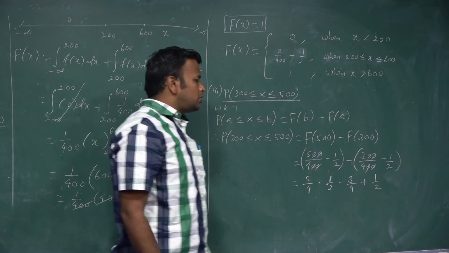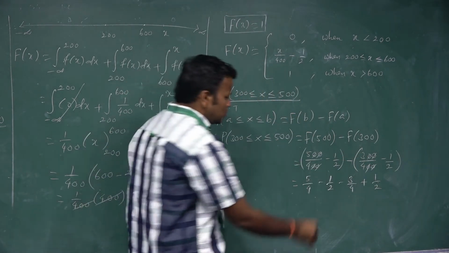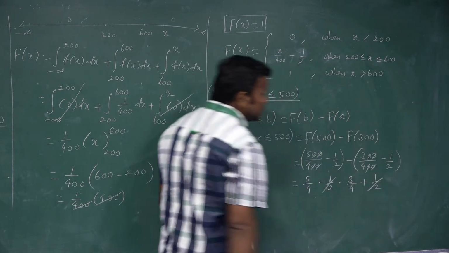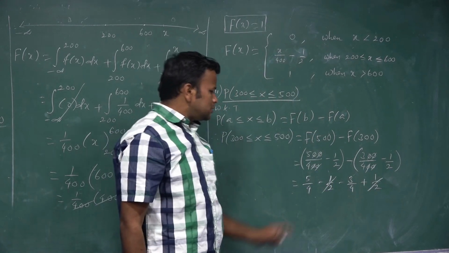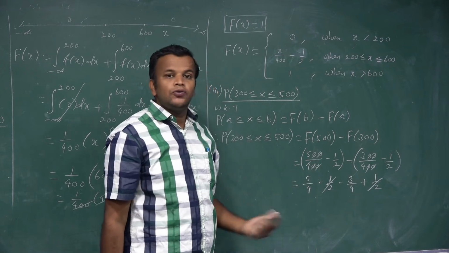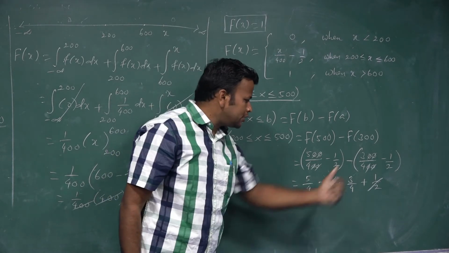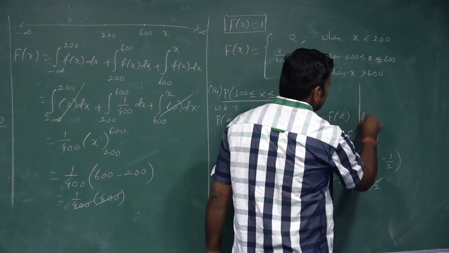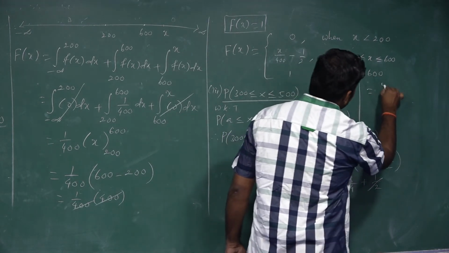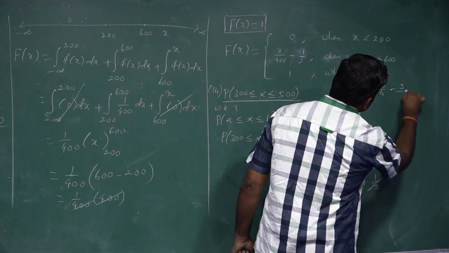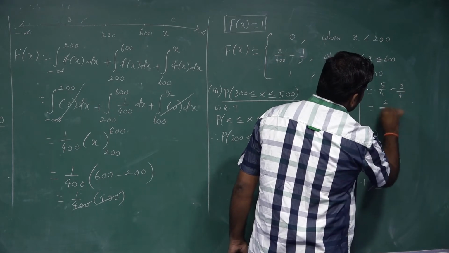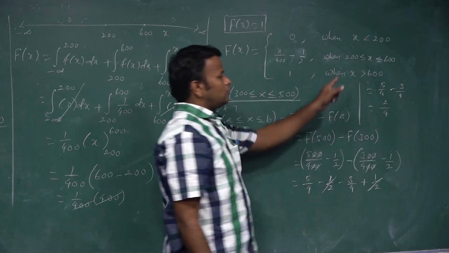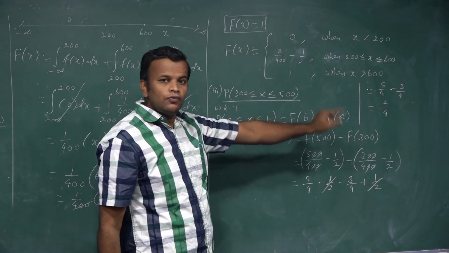Minus of minus 1 by 2 is plus 1 by 2. Minus and plus are cancelled here. Remaining is 5 by 4 minus 3 by 4. 4 is common, I simplify here. The answer is 2 by 4. 5 minus 3 is 2 by 4.